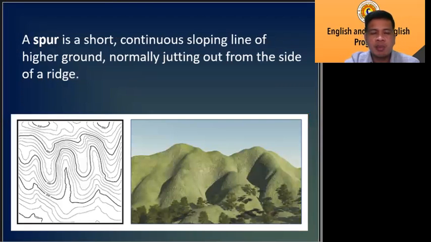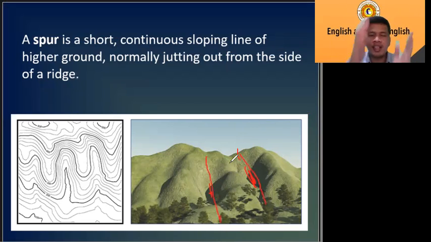So the next one is a spur. A spur is a short, continuous, sloping line of higher ground, normally jutting out from the side of a ridge. For example, in this case, we have two kinds of spur, this one and the other one here. As you can see here, it is often formed by two roughly parallel streams, so this one is 1, 2.